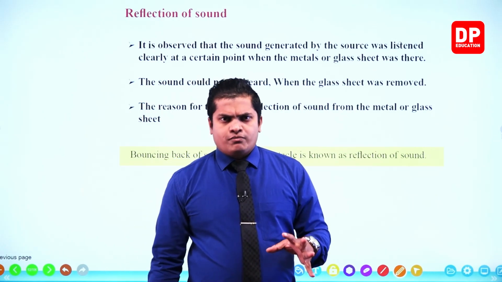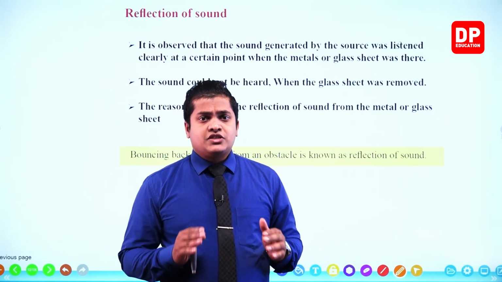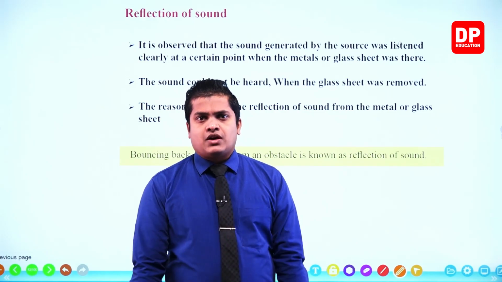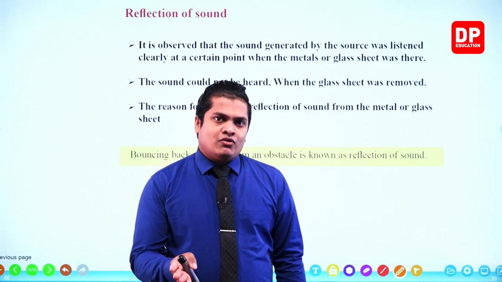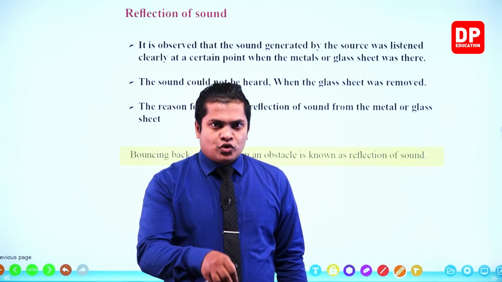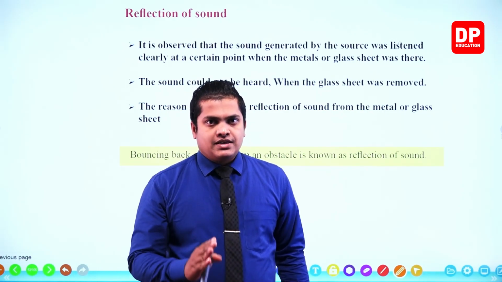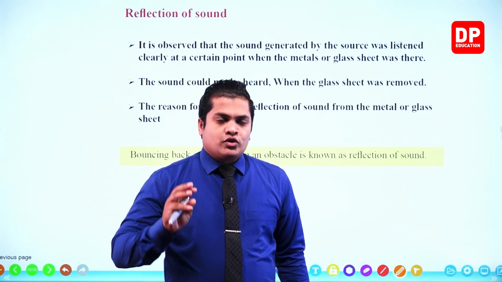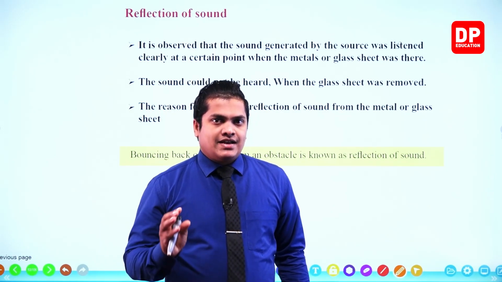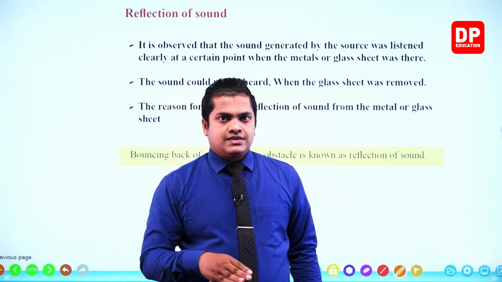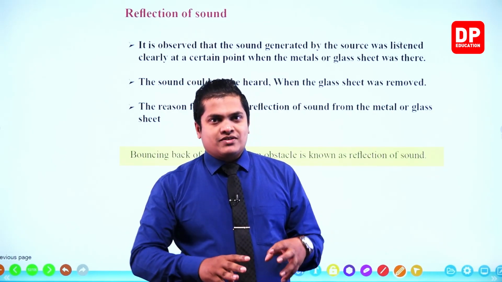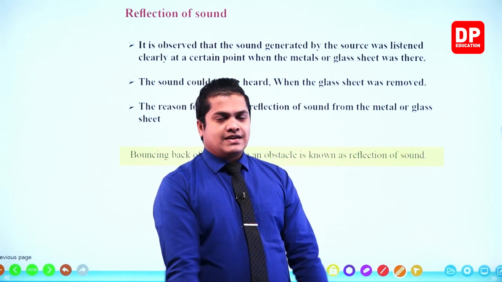Each and every object in our environment is going to reflect some amount of sound, my dear children. Some amount of sound is absorbed by certain surfaces. Now, you know that sound means vibrations, no? So some amount of vibrations are absorbed by the surface, while the other vibrations are reflected in a certain direction.